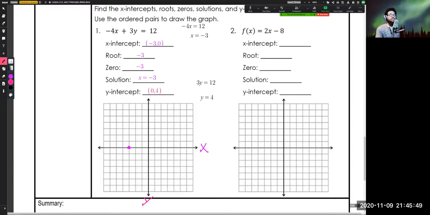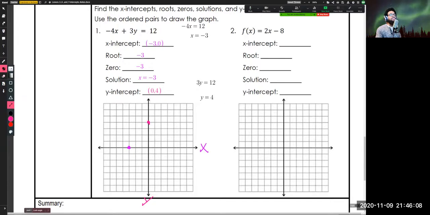I could go to 4, 0 and that would completely mess me up because that would be here, and that wouldn't be the graph of this equation. Instead, I'm going to go to 0, 4. 0, 1, 2, 3, 4. There we go. And then we're going to draw a line.